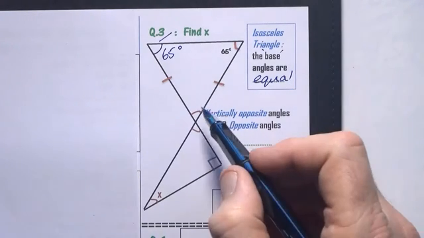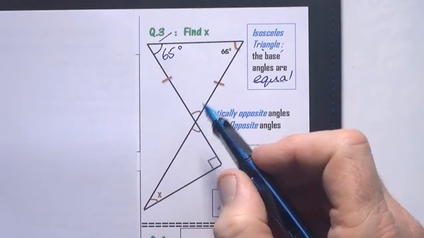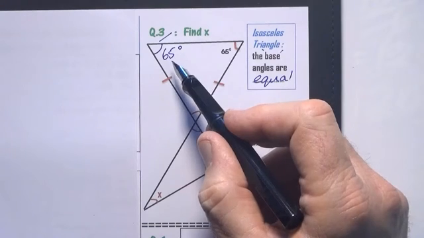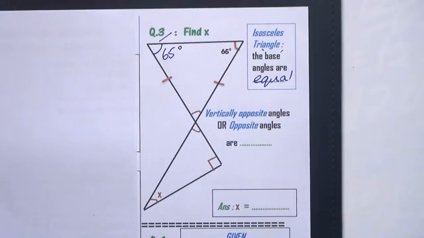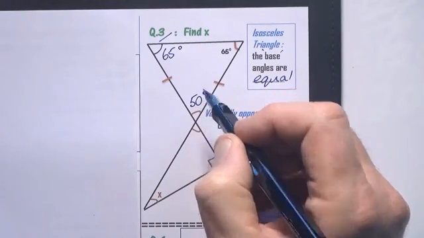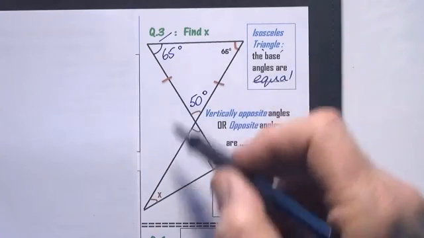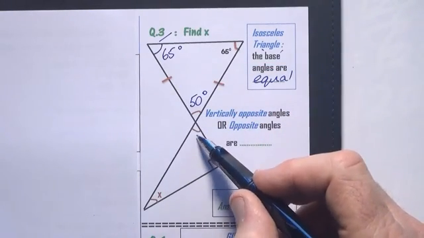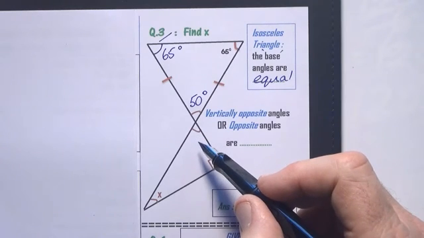Now that leaves an angle here that will be 180 degrees minus 2 times 65, 180 degrees minus 130, which is 50 degrees. Now, because these are straight lines, this forms what is called an opposite angle, or a vertically opposite angle.